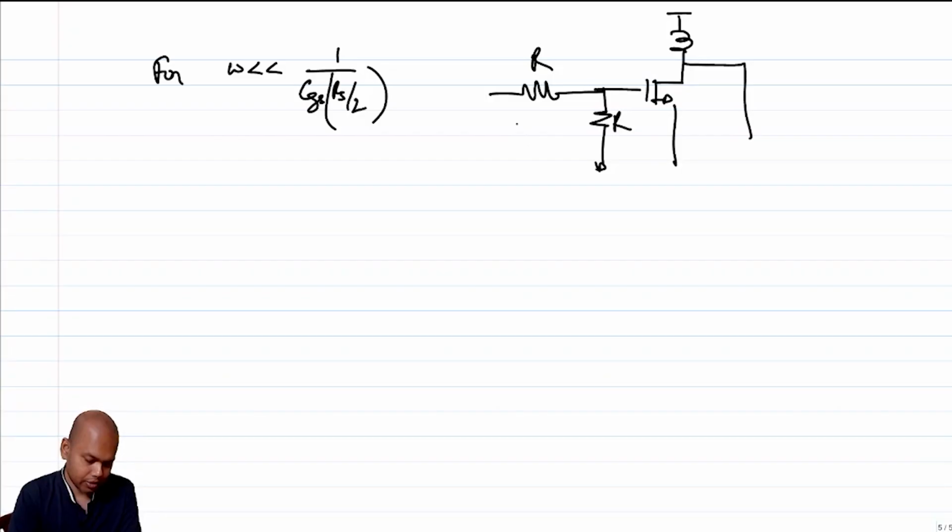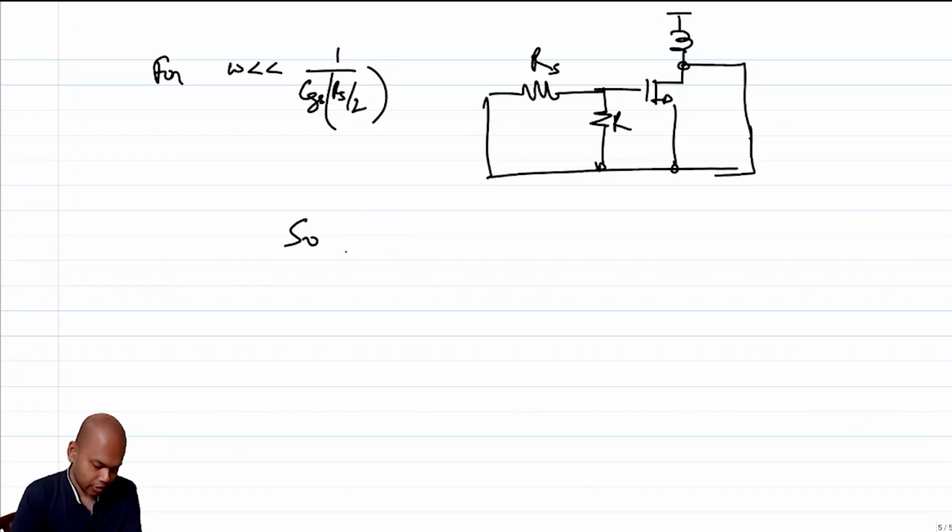And if I am interested in the short circuit current, then all I need is, what is the noise contribution due to the source: V N in is the noise contribution due to RS, right?